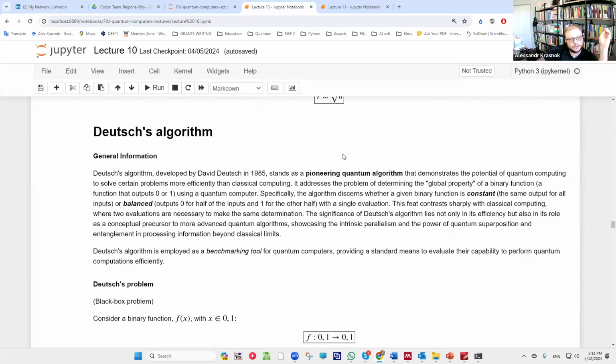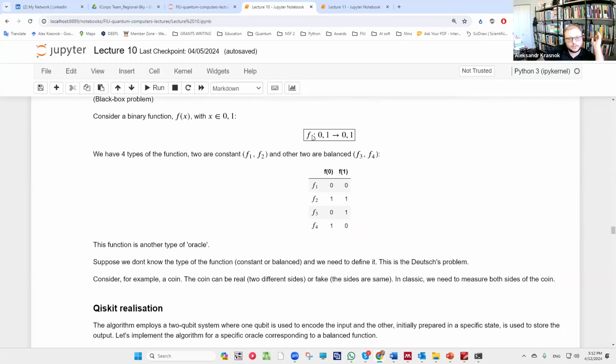Another algorithm we discussed was the Deutsch algorithm. The Deutsch algorithm intends to solve a very specific problem, called the Deutsch problem, which is basically to define whether a function is constant or balanced. A function like this in quantum computing is known as an oracle, not only in quantum but also in classical computing.